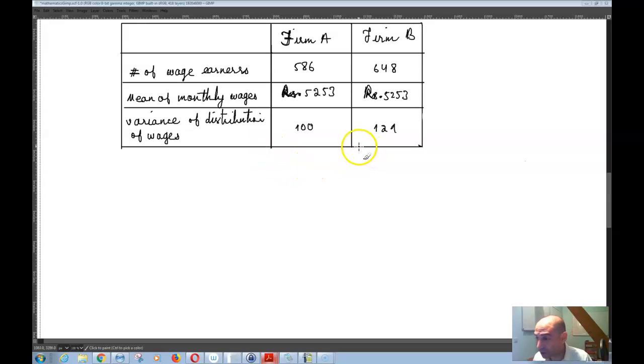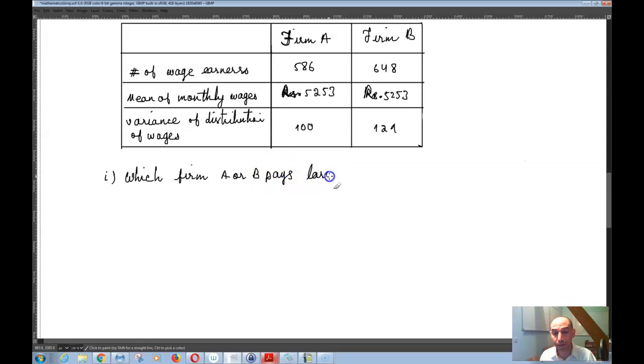So to answer question number 1, which firm, A or B, pays a larger amount as monthly wages.